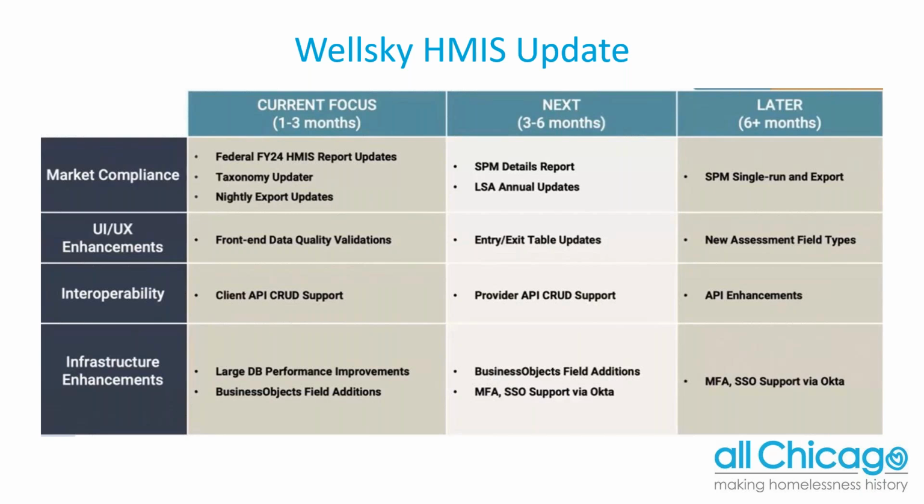In terms of the compliance ones, again in the next 3 to 6 months category, because the other ones should pretty much be done: the system performance measure details report update and the LSA annual updates. HUD has pushed out some changes to the LSA even within the last 30 days, so the vendors are a little bit scrambling to make sure their LSA version is up to date with that, so we can complete that.